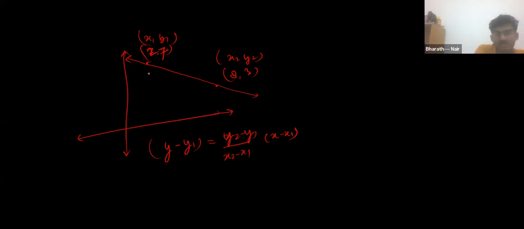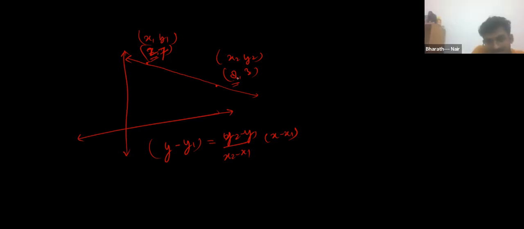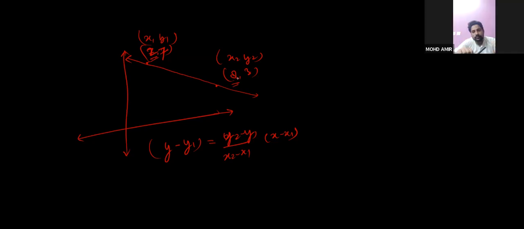X1 and x2 are both 2? Which one? X1 and x2. X1 is 2 and x2 is 8. X2 is 8? Oh, 8.